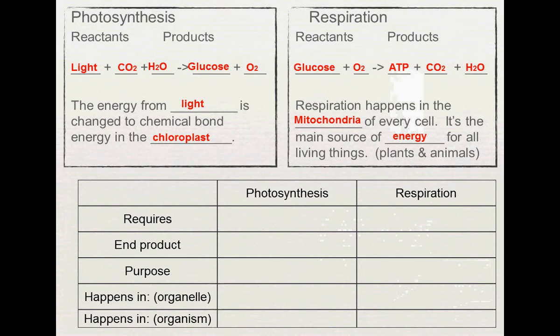All right. Now we're sort of saying the same things over and over again here. But photosynthesis requires three things. Lucy, go ahead. Light, carbon dioxide, and water. That's what's required or needed by photosynthesis.